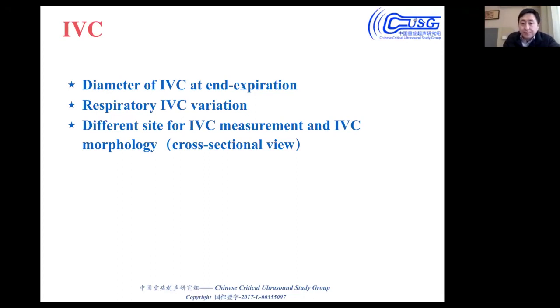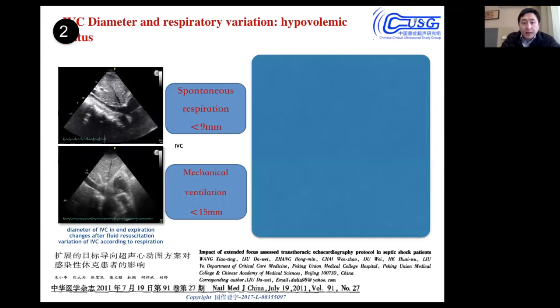And we see a collapsed IVC usually indicates that the patient is under hypovolemia, and if the patient got shock, then fluid resuscitation may be administered.